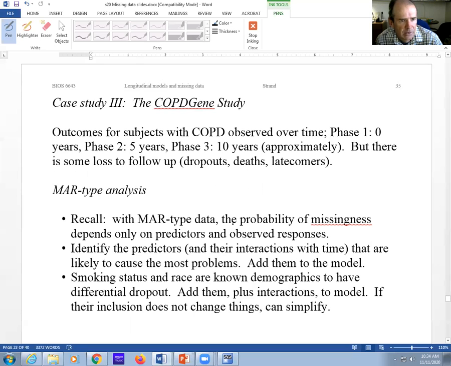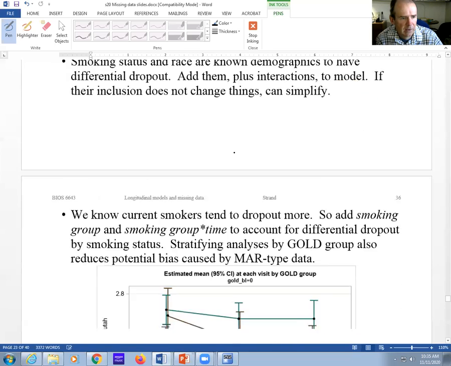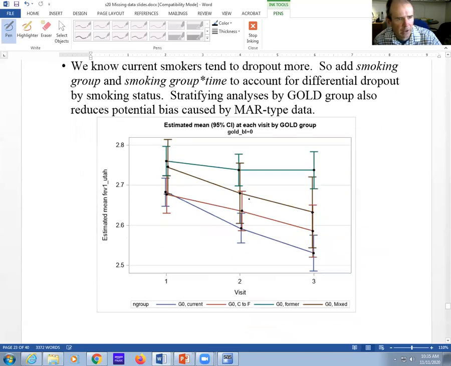This shows you some data from the COPD gene study. Just to describe briefly, we have 3 visits or 3 phases. Phase 1 was the baseline, and then subjects came in 5 years later, and then 10 years later. So it's a pretty simple design. We want to see what's happening in different health outcomes over time.